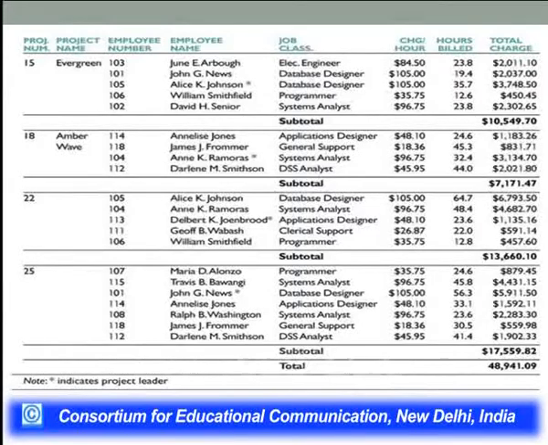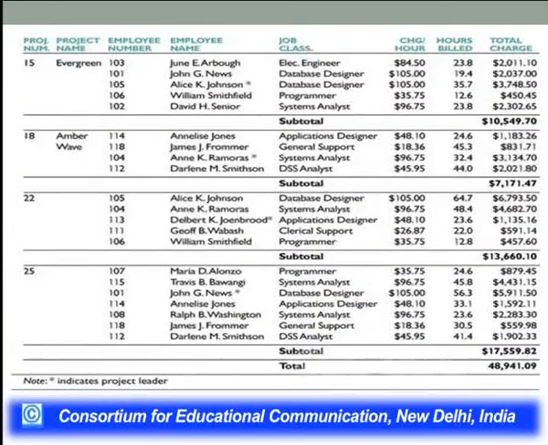Now, in this case I would like to draw your attention to a few facts. See, the project name, that is Evergreen, is used in many places, but the name of the project is written only once. Therefore, we can see that there are null values present in this. Secondly, the primary key is not clearly defined. Then there are repeating groups also, which we can see.